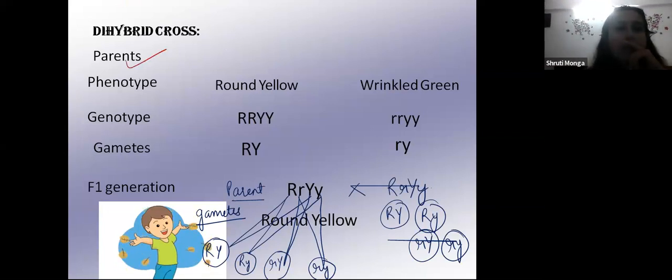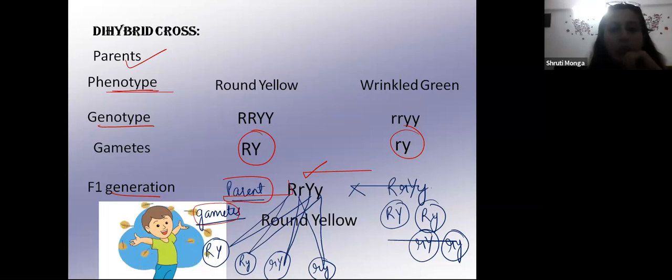The phenotype of the parent, genotype of the parent, their gametes, the F1 generation, which is this, and this F1 generation becomes the parent for the second generation. Then gametes, the way I calculated the gametes, do that, and after that, the Punnett square.